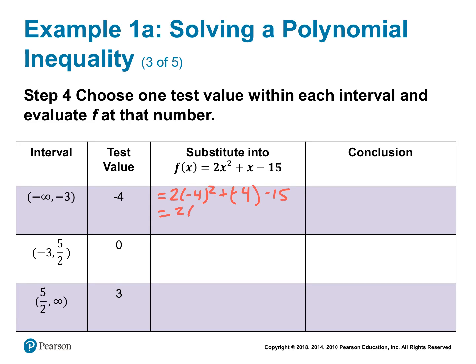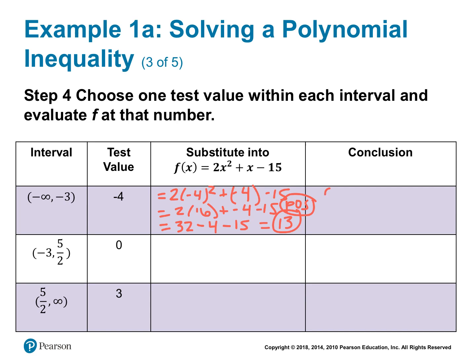You get 2 times 16 plus -4 minus 15, which is 32 minus 4 is 28, minus 15 equals 13, which is a positive.